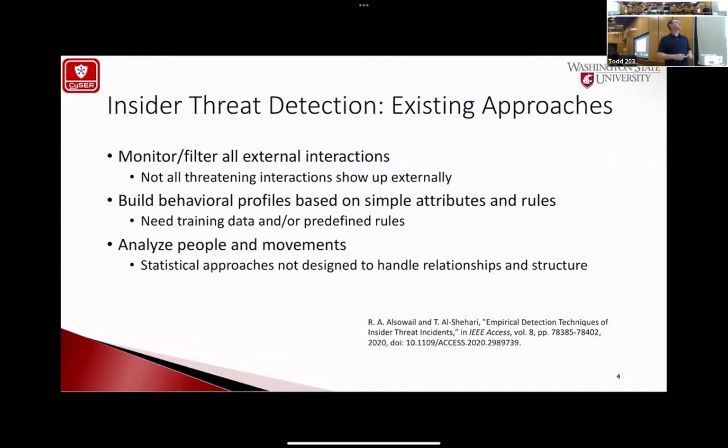So what are the existing approaches? These are basic automated approaches. If you go to the CERT, the CMU Software Engineering Institute's CERT Institute, they have a document that has about 100 things that you're supposed to do to stop insider threats.